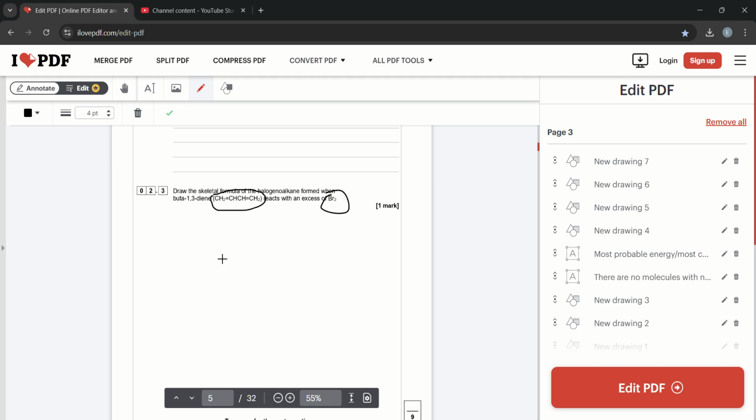And what's going to happen is that because of an excess of Br2, these are going to be replaced with a Br, the hydrogen. So it's going to be something like 1 carbon, 2 carbon, 3 carbon, 4 carbons, right?